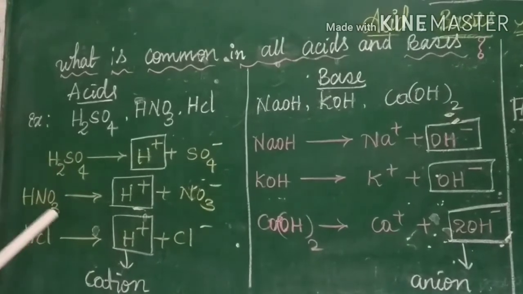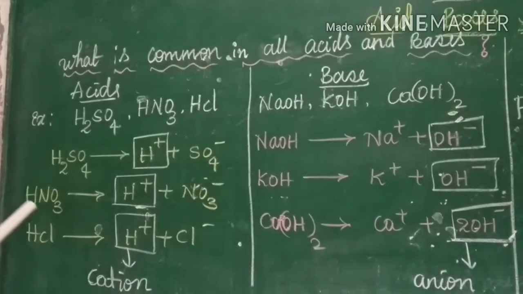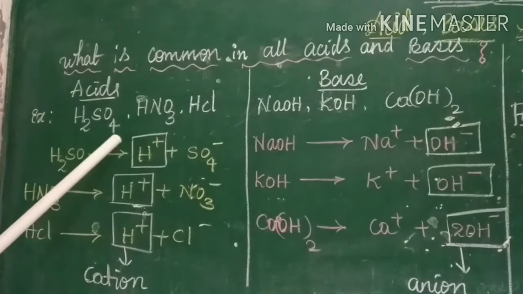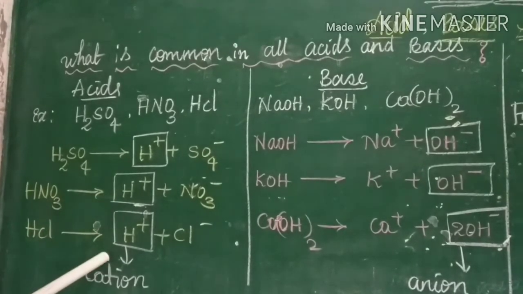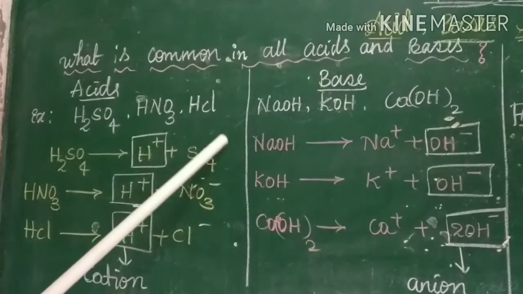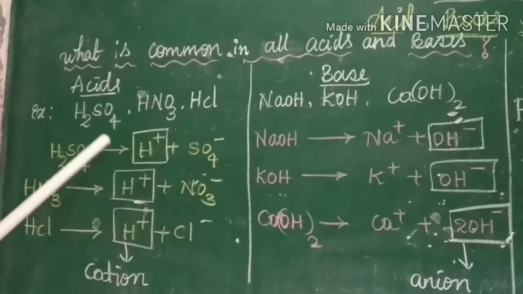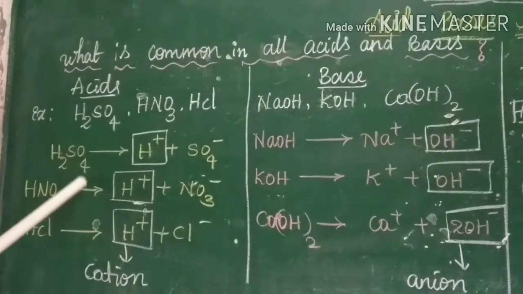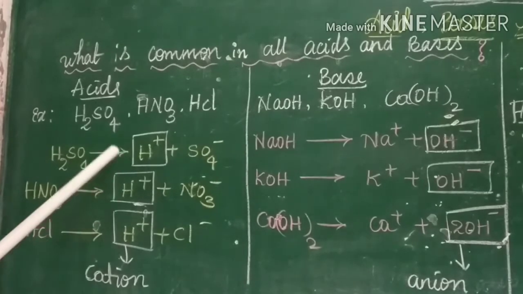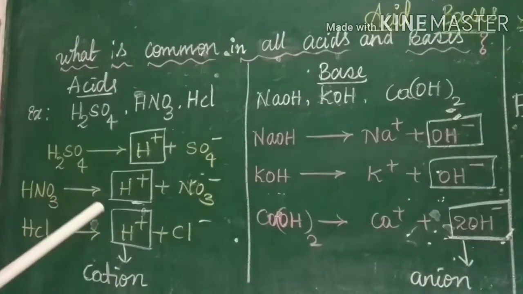In the same way, all the acids ionize to produce H plus ions and the respective anions. Children, look here. All the acids produce H plus ions, which are common.